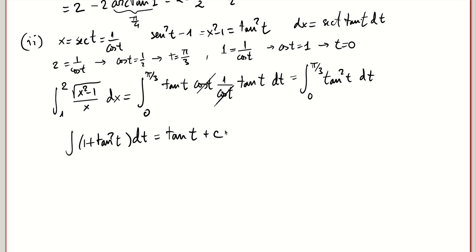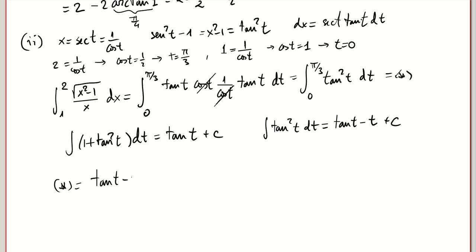So the primitive of the tangent squared will be the tangent minus t, because the primitive of 1 is t, right? So it's the tangent minus t plus a constant, of course. Then this integral here will just be the tangent of t minus t between 0 and pi over 3.